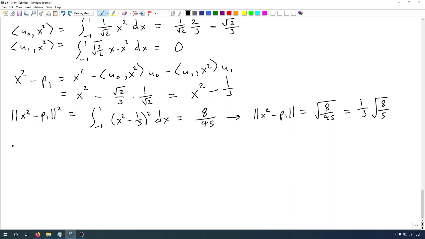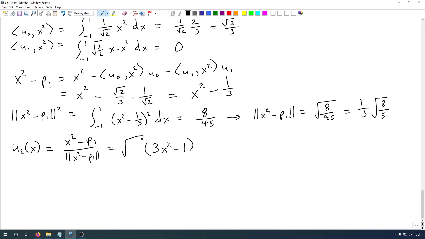So my u2 is going to be x squared minus p1 over the norm. We end up with essentially 3 times this, so we'll have a 3x squared minus 1. But then we'll have to multiply by the square root of this reciprocal.